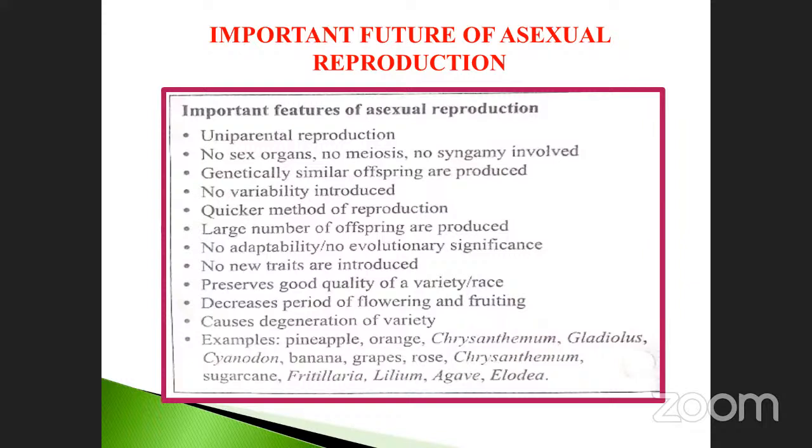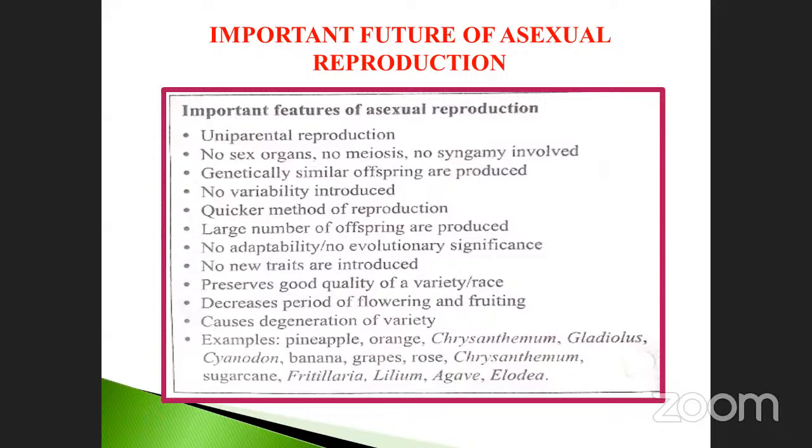Decreases the period of flowering and fruiting. When a plant undergoes more than 100 or 1,000 vegetative reproductions, that means asexual reproduction, what will happen inside the plants? The flowering as well as the fruiting ability will be reduced. That is very, very important.